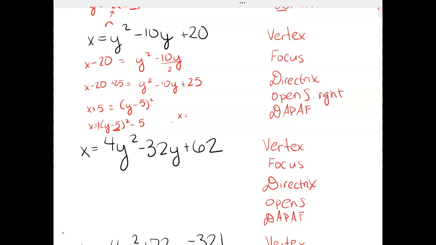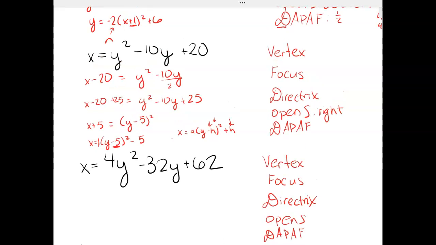So I'm still going to have x is equal to a times y minus k, quantity squared, plus h. My signs in here don't change. It's just, here's my y coordinate, here's my x coordinate in this particular case. So my y coordinate is actually going to be positive 5 because my sign does not change, but my h sitting on the outside does, which tells me I've got a negative 5 for my x in this particular instance.